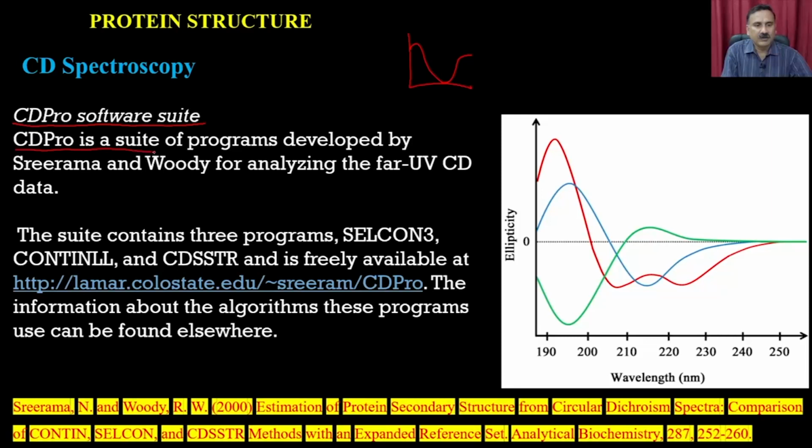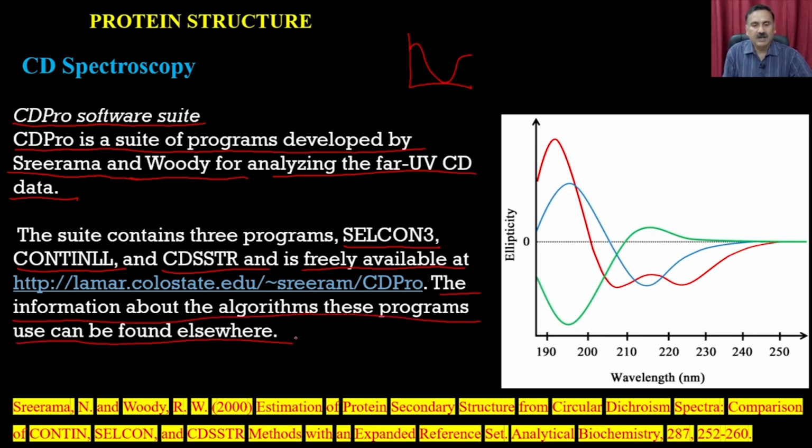CDPro is a suite of programs developed by these scientists, and they have analyzed the far UV CD data. The suite contains 3 programs, called CONTIN, SELCON and CDSSTR, and it is freely available at this particular link, and the information about the algorithm and these programs can be found elsewhere.